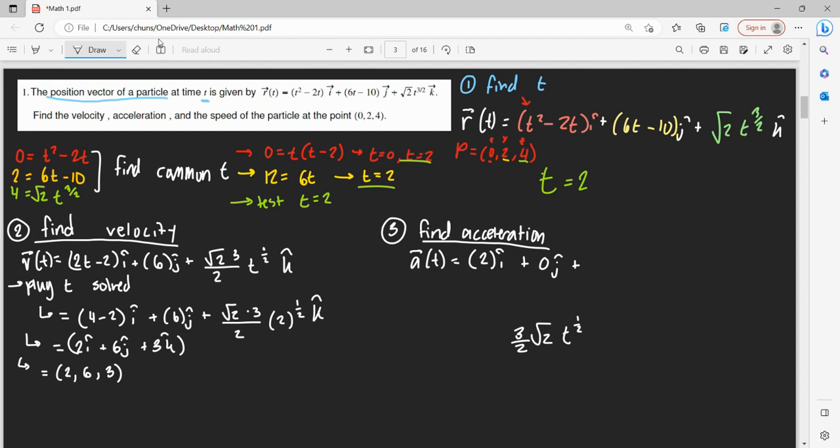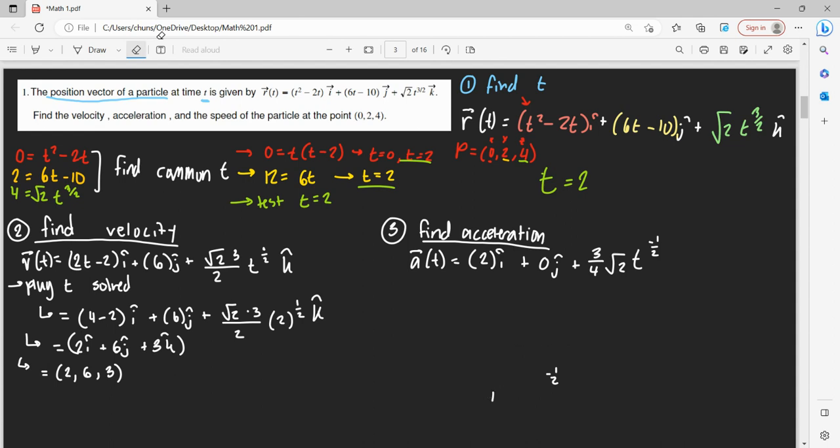So this comes down. So that's 3 over 4 when that comes down times square root 2. This reduces to the negative 1 over 2.